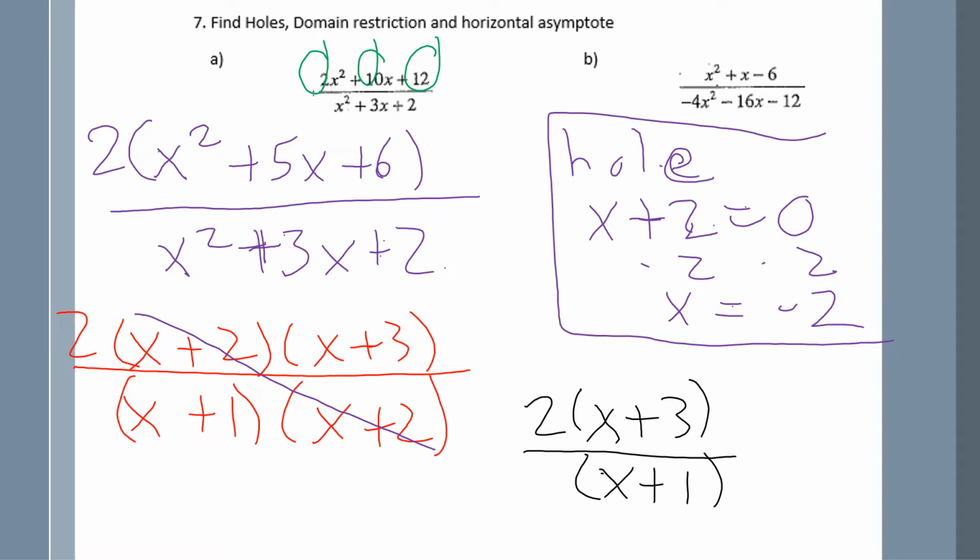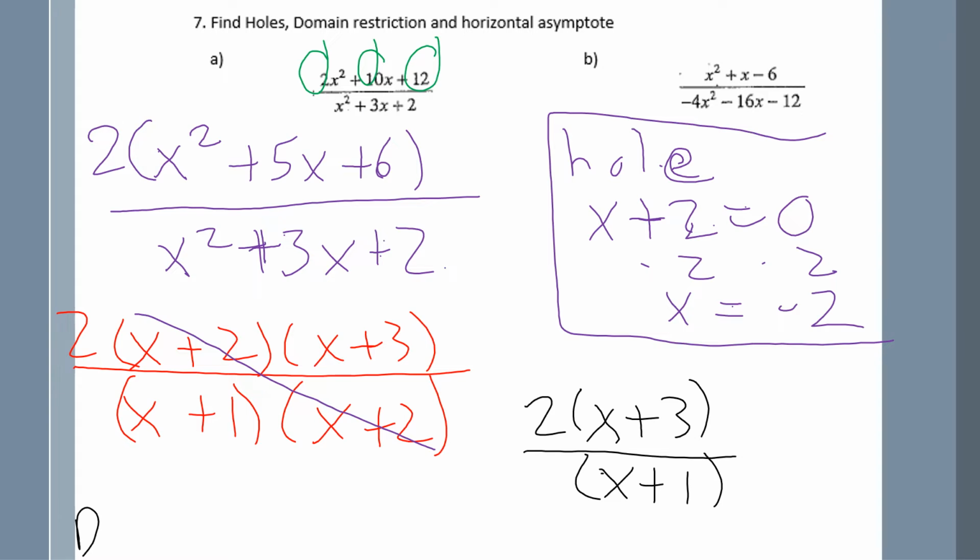So what are we left with? Well, we already did it. We already found the hole. Now we could talk about the domain restriction. For the domain restriction, remember you think about what number makes that denominator undefined.